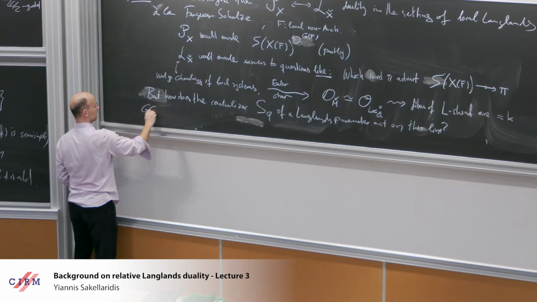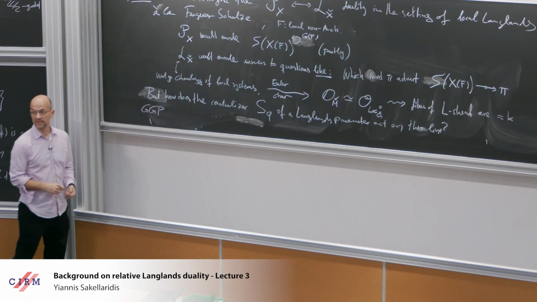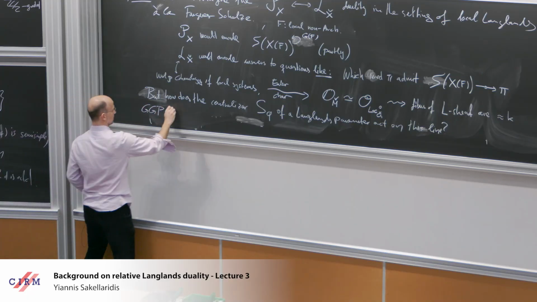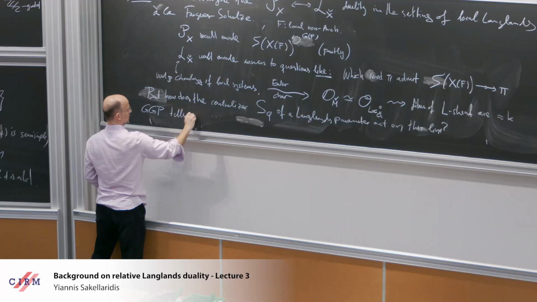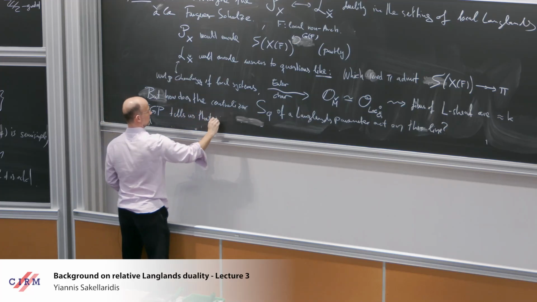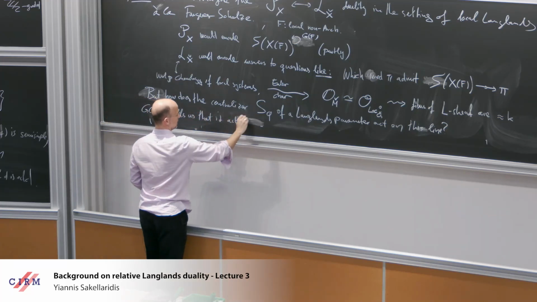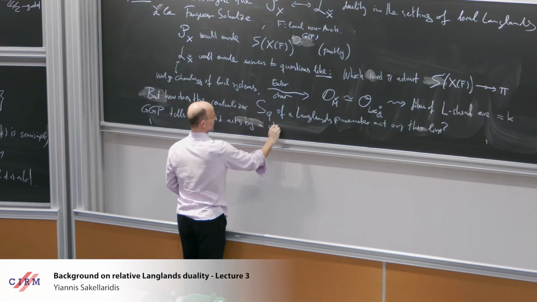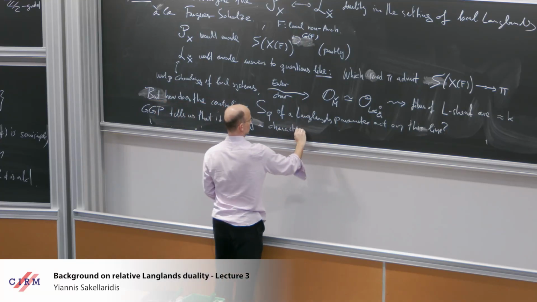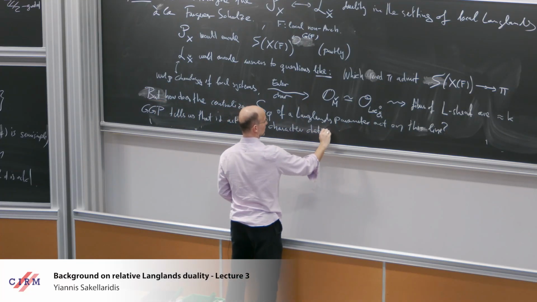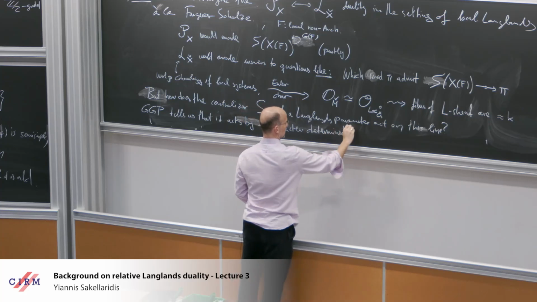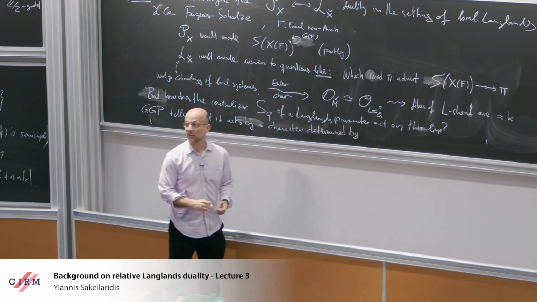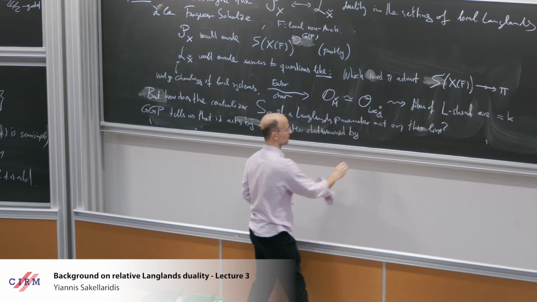It has to act by a character. And GGP tells us that it acts by a character determined by symplectic root numbers, by epsilon factors.